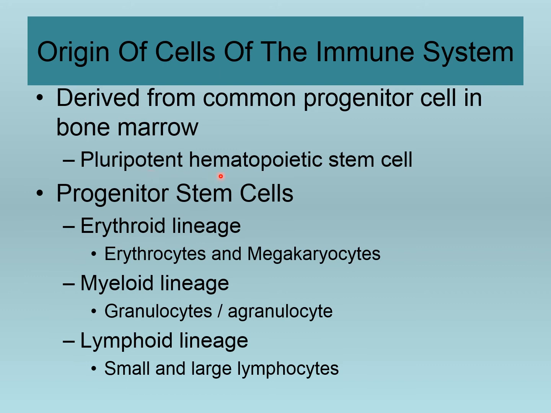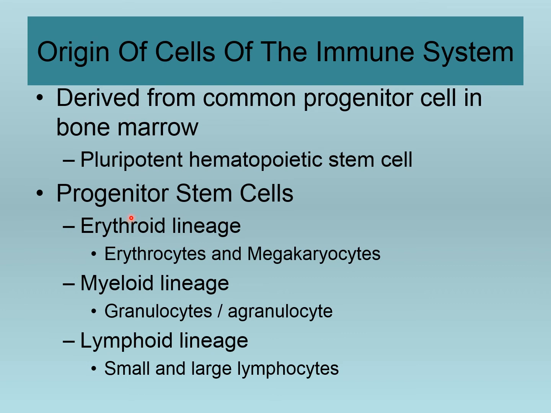The term hematopoietic is derived from hematopoiesis, that is the formation and development of red and white blood cells from the stem cells. So this cell has the ability to develop and differentiate into different types of red blood cells and white blood cells.